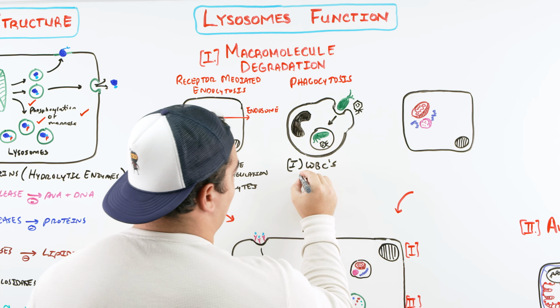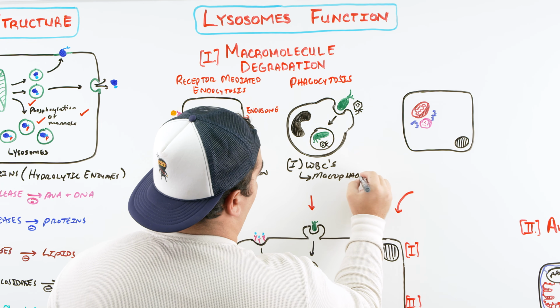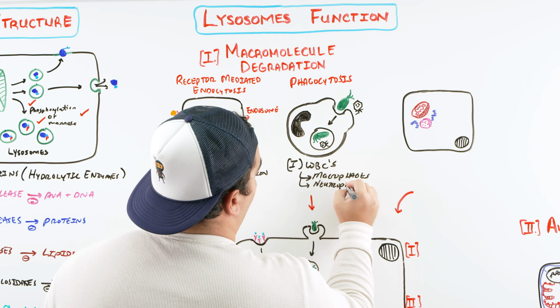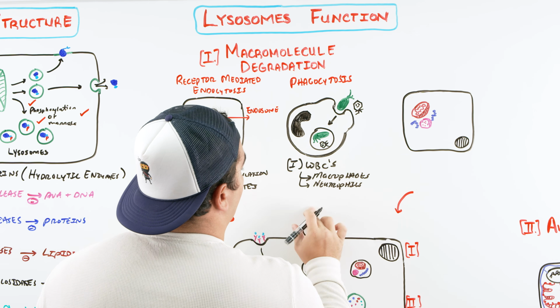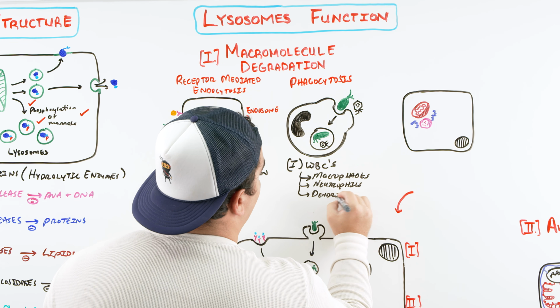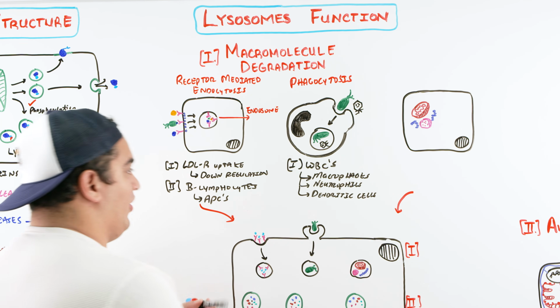What kinds of white blood cells? Things you should know are macrophages, neutrophils, and dendritic cells. These are really common types of cells that love to eat certain types of pathogenic material and bring it into the cell.